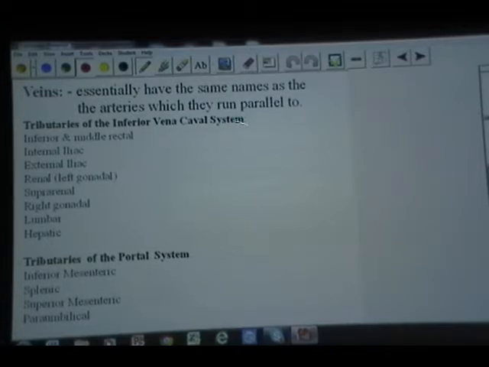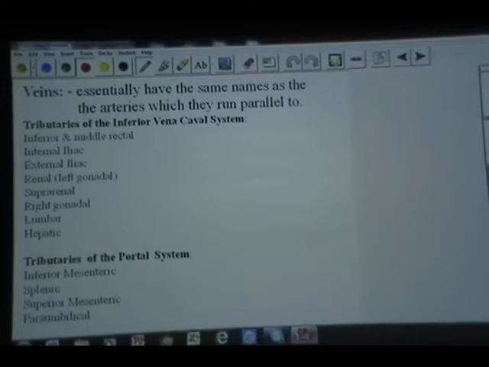All right, so these are tributaries of the vena cava. This is called the caval system of veins, the inferior caval system of veins. These are veins that directly drain into the inferior vena cava. Then we have a system that's referred to as the portal system of veins. Now what's different?